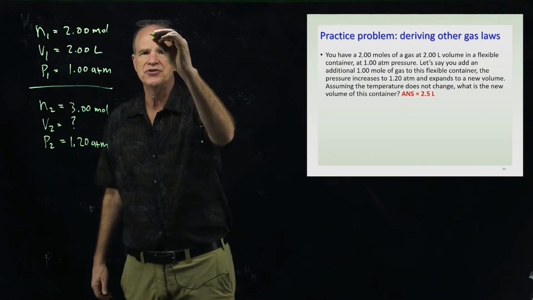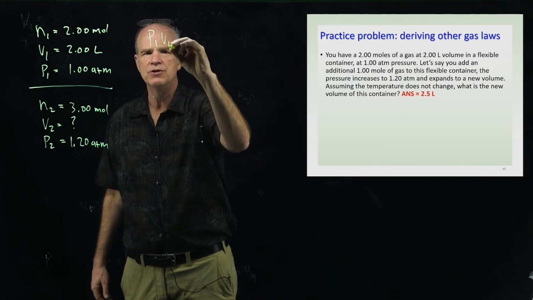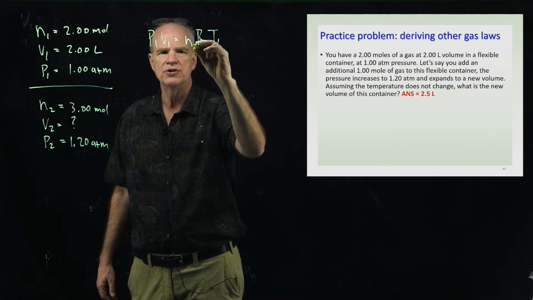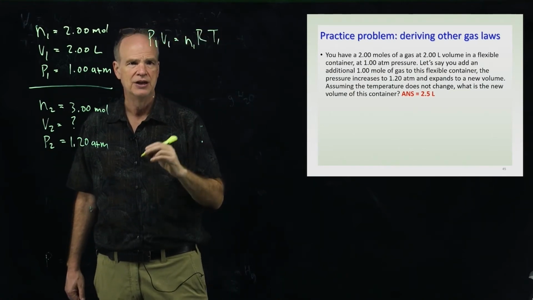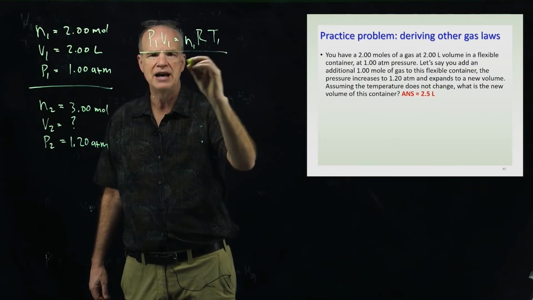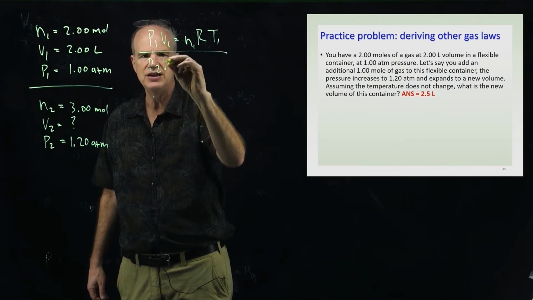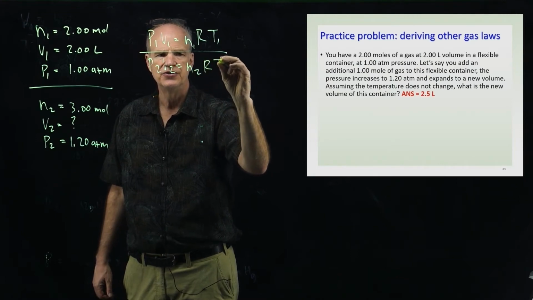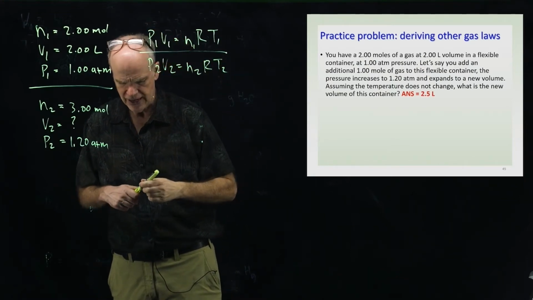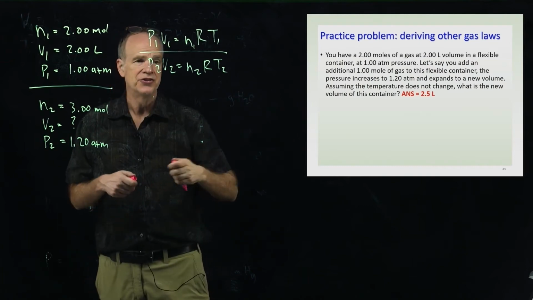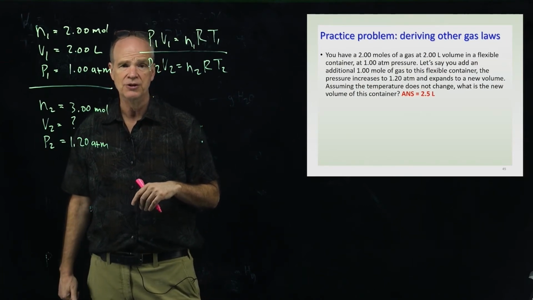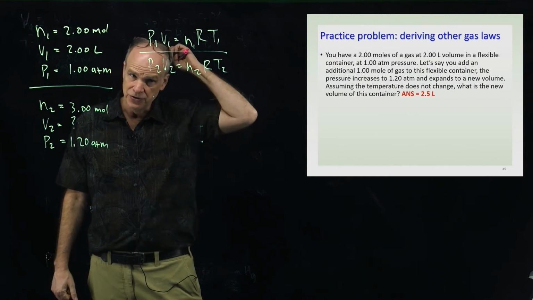So the ideal gas law is P1V1 is equal to N1RT1. Let me put a 1 here by the moles. And so we're going to divide that by P2V2 is equal to N2RT2. So what we're going to have to do is derive an expression between volume, pressure, and moles of a gas at these two different conditions.